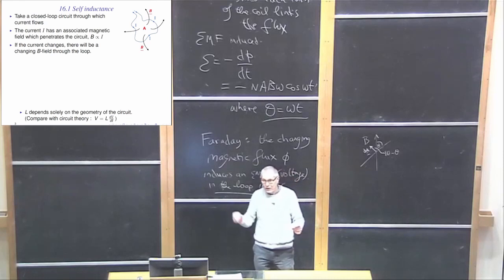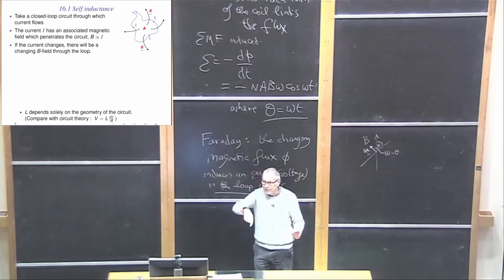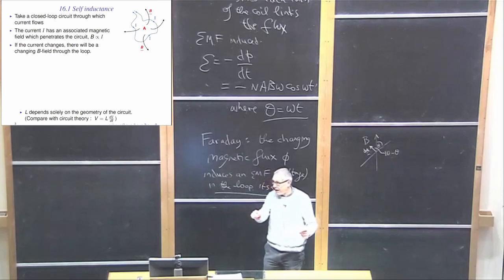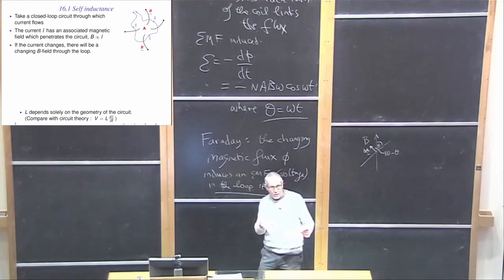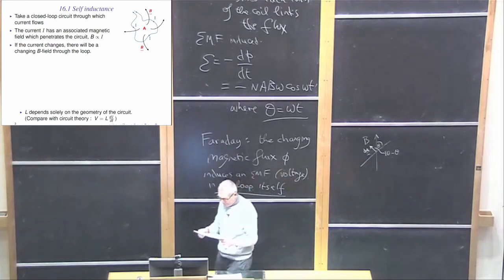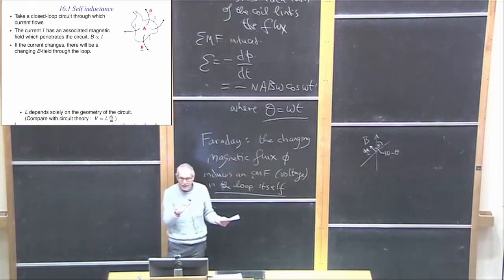The changing magnetic field you've produced links with the coil and gives you an EMF, and that EMF acts to reduce the current in the coil, according to Lenz's law. Do you get that? This is what Lenz's law means.